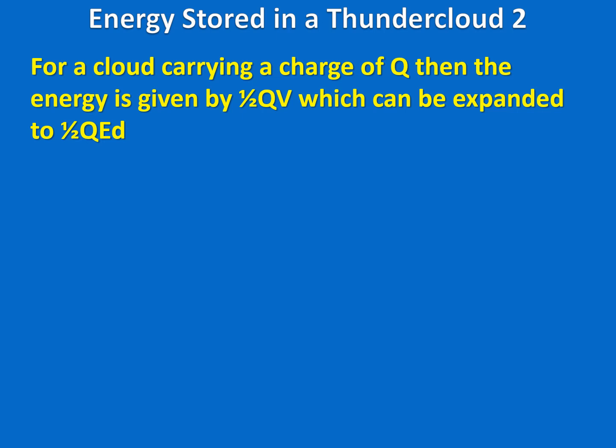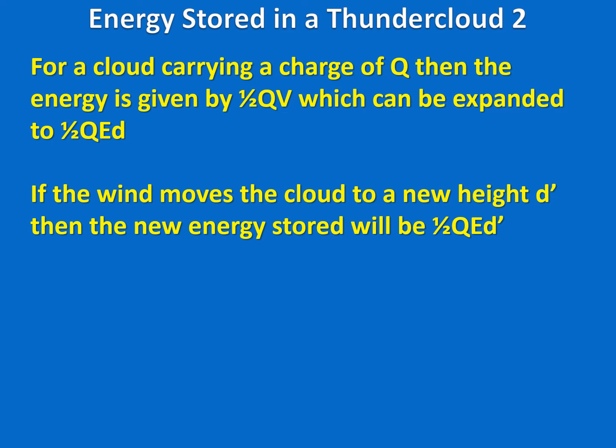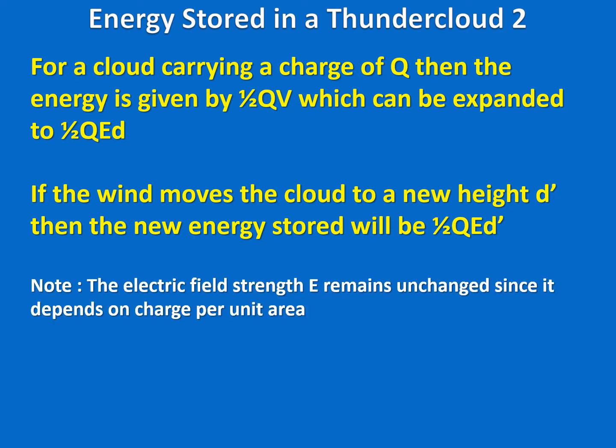So we're treating the cloud and the ground as a pair of parallel plates. So if we move to a new height, d dashed, then the new energy stored will be half QE d dashed. And the field strength is going to remain unchanged because it depends on the charge per unit area.